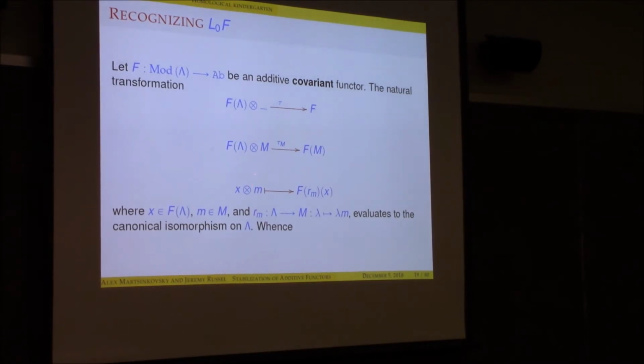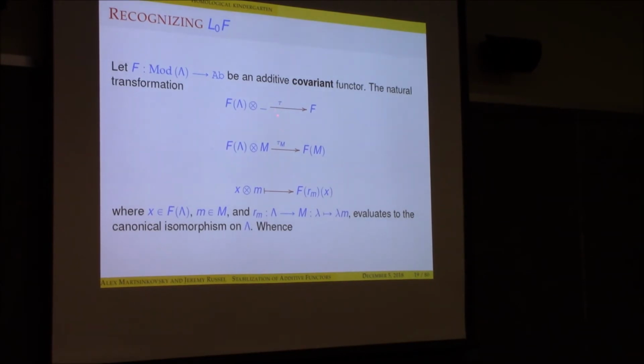Suppose you have an element, a vector m in M, that gives you a homomorphism from lambda to M, which sends 1 to that distinguished element, small m. It's a homomorphism. Apply the functor, so you will get F of that homomorphism. And now if you have an element in F of lambda, just take its image, and you will be in F of M. So that's the map.